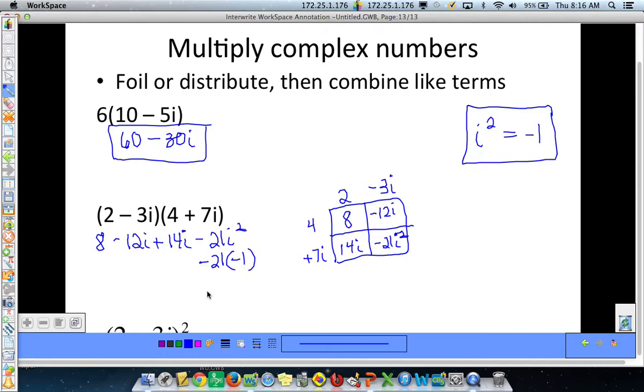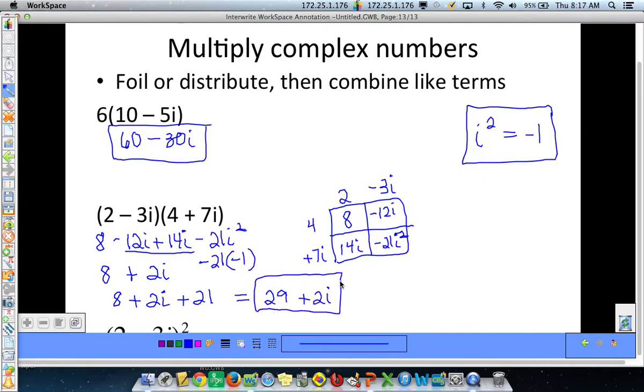And then you can combine the like terms together. So negative 12 plus 14 is positive 2i. And negative 21 times negative 1 becomes positive 21. So we have 8 plus 2i plus 21. And now you can combine the real numbers together. 8 plus 21 is 29 plus 2i. And that's the simplified answer.